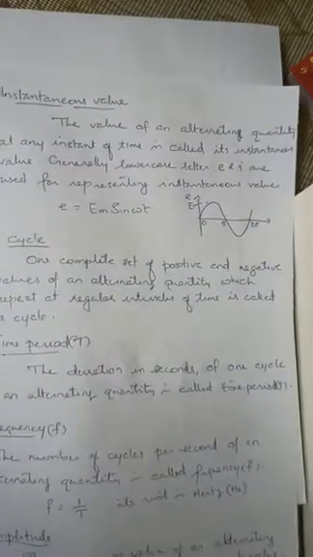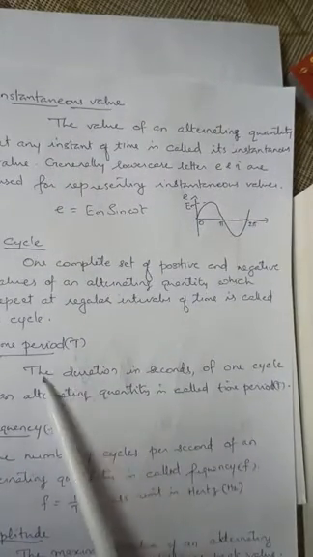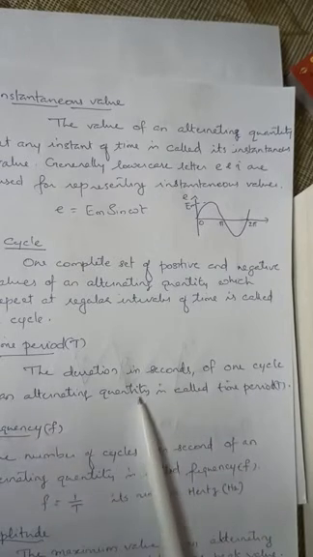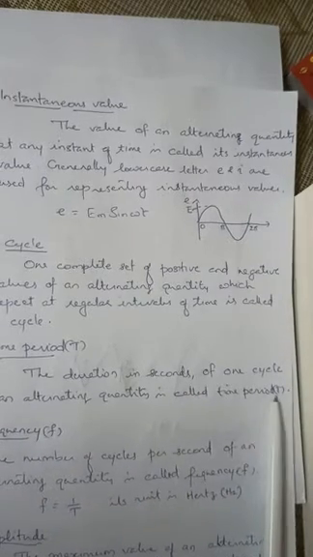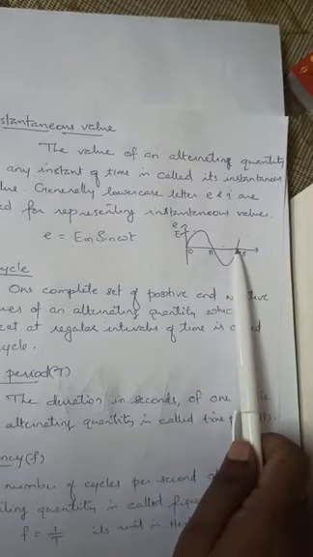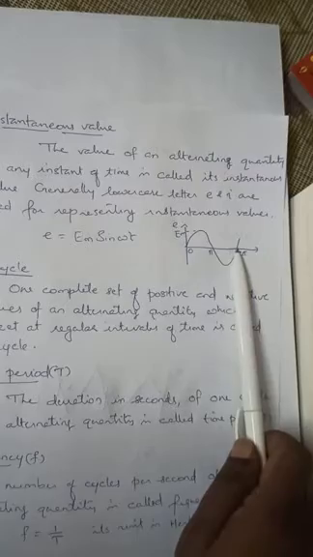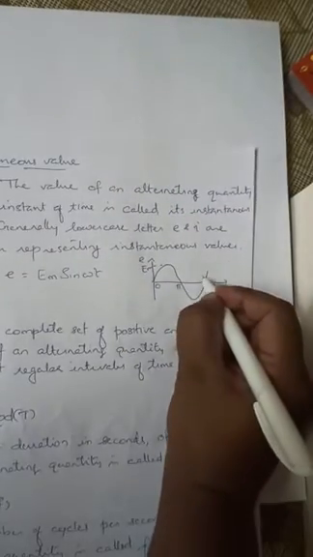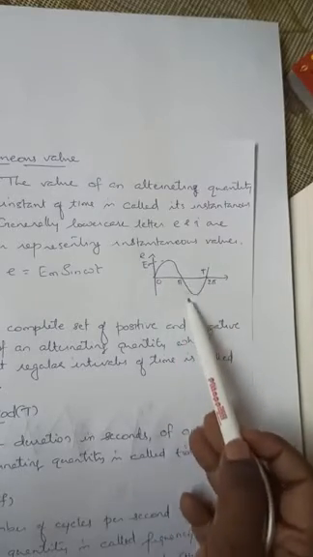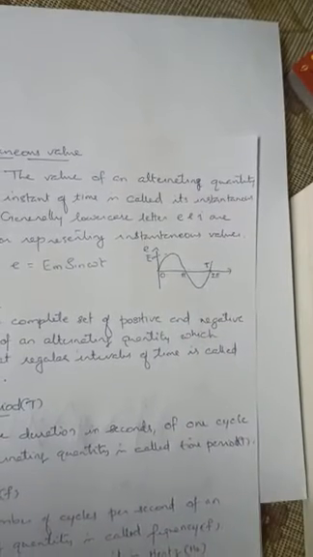Now coming to time period T. The duration in seconds of one cycle of an alternating quantity is called the time period. Here you can see from here to here is the time taken to complete one cycle. If it is T seconds, T is called the time period of this waveform.